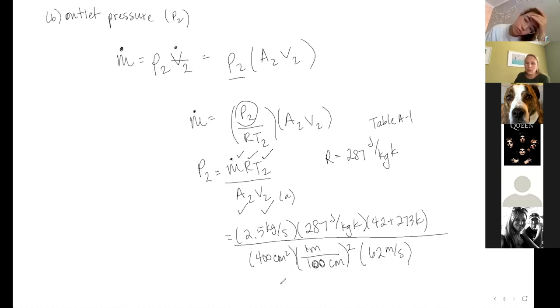When we work this out, the Kelvins cancel and the kilograms cancel. This gives us joules per second over meters squared times meters per second, so joules per second over meters cubed per second.